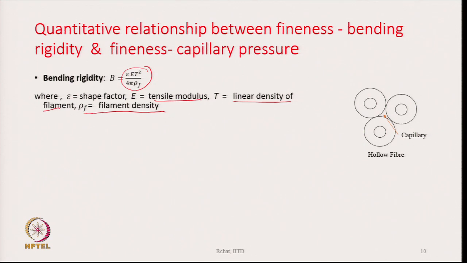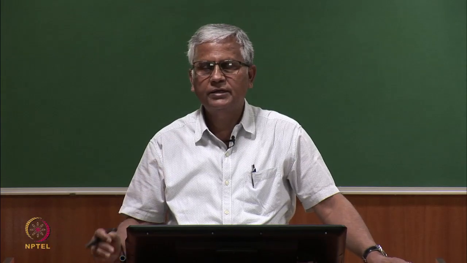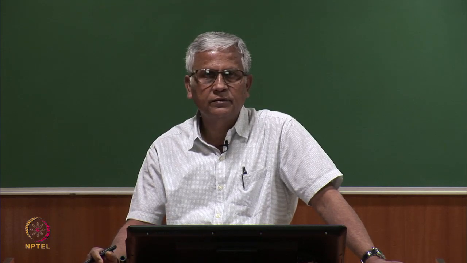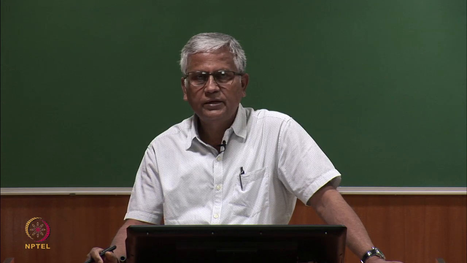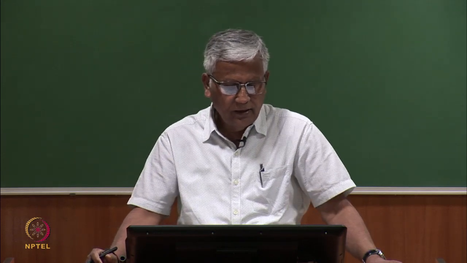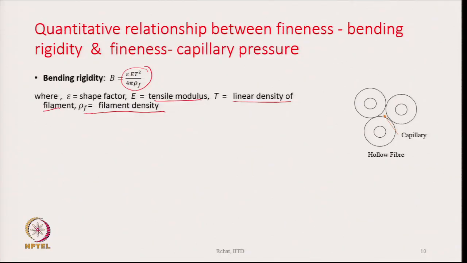So, if we go from, let us say, a fiber denier 2 and we increase it by 2 times, let us say make it 4, bending rigidity is going to increase by 2 squared, that is 4 times. When it was 2, the bending rigidity was 2 squared, 4, but when it is 4, it is going to be 16.